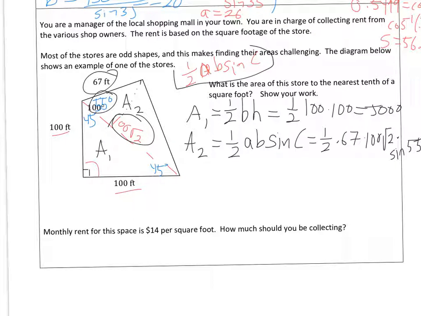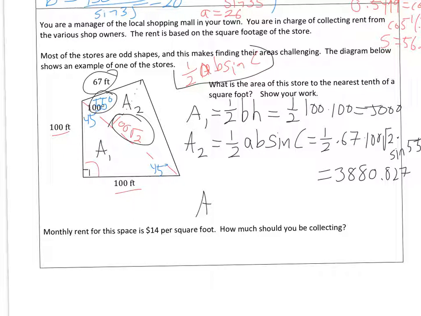When I do this out, so 1/2 times 67 times 100 times the square root of 2 times sine of 55, we get that's equal to 3880.827.